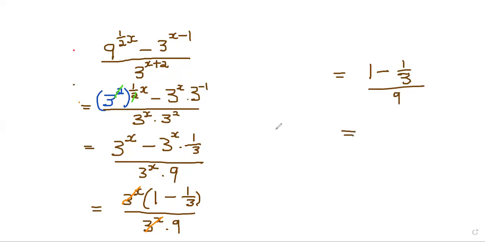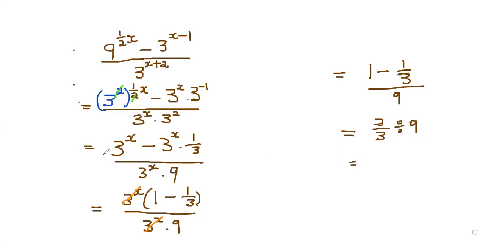So on my numerator side, we all know that 1 minus 1 over 3 is going to be 2 over 3. So you'll be having 2 over 3. Then you know that math doesn't allow me to have many division signs, right? So I'm going to write divide by 9, right?